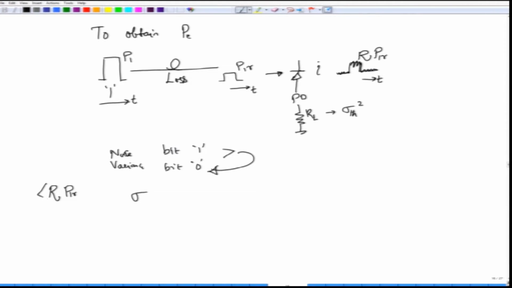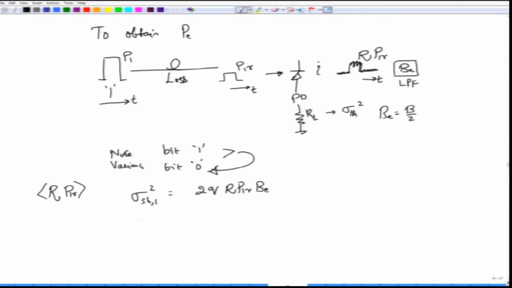The average current that you have generated during this particular portion of the pulse would determine the shot noise, and this is given by 2q R P1R BE, where BE is the bandwidth that we have used. We are assuming that after this you are going to use a low pass filter whose bandwidth is BE, which we normally take to be B by 2, where B is the bit rate. So, B is the bit rate, and we normally take the bandwidth of the electrical filter to be equal to B by 2.